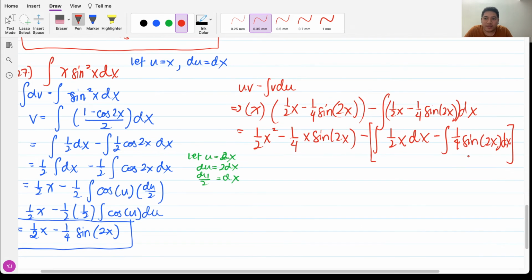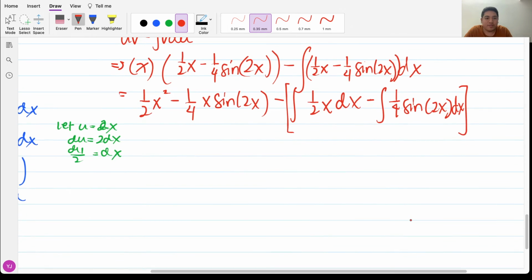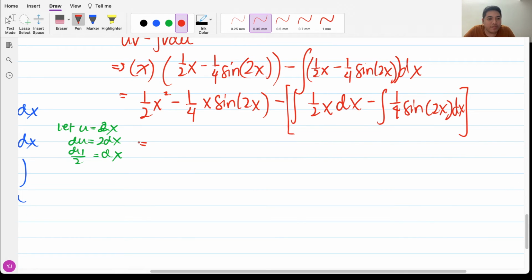I hope it's still visible. So I'll just zoom in so that it's still visible. So if I do that, that will be 1 half x squared minus 1/4 x sine of 2x.